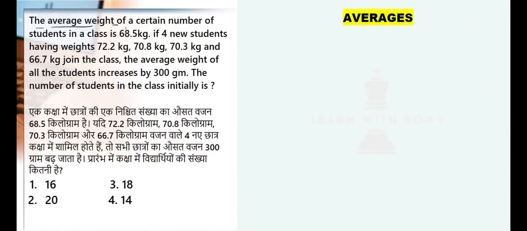Next question. See this one. The average weight of a certain number of students in a class is 68.5. Let's say there are n number of students. N number of students average is 68.5. If 4 new students having weights, they given 4 weights here. So one person weight is 72.2 and another person weight is 70.8 and another person 70.3 and another person 66.7.